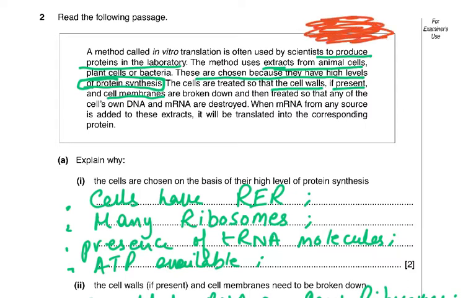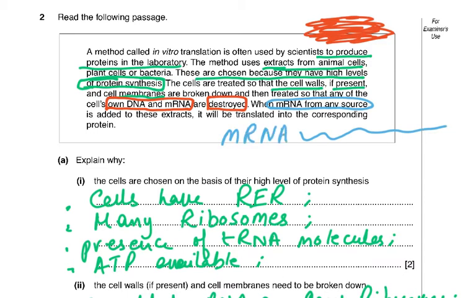So we've broken down the cell wall and the cell membrane, and then treated so that any of the cell's own DNA and mRNA are also destroyed. When mRNA from any other source is added to these extracts, it will be translated into the corresponding protein.